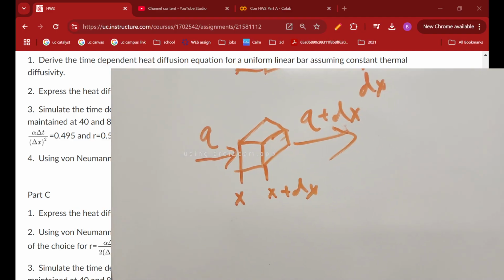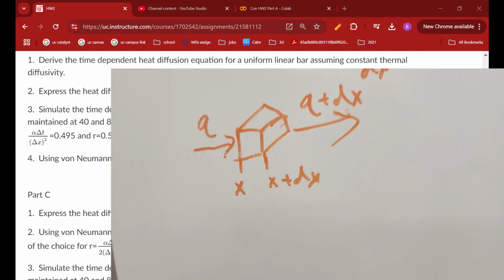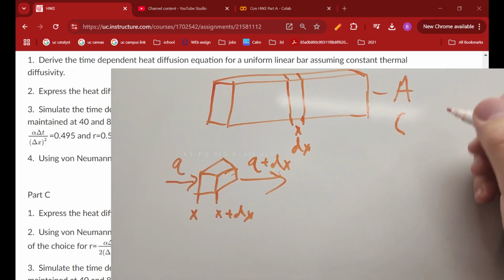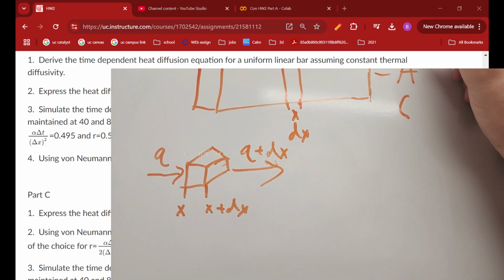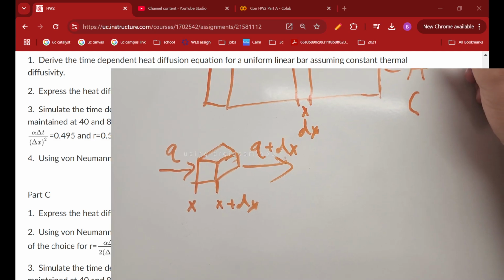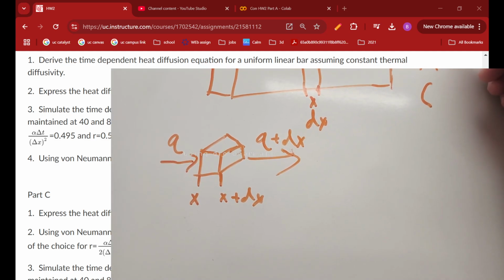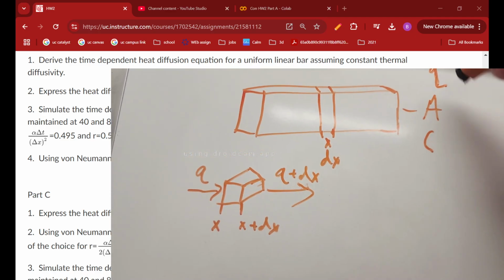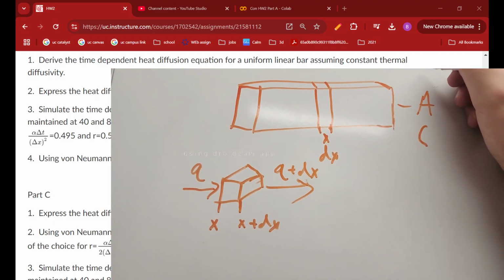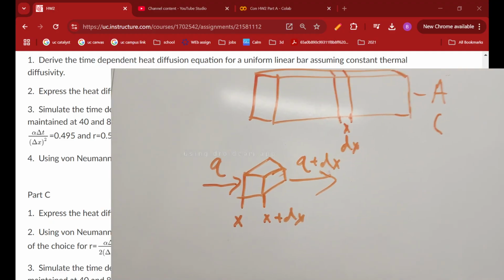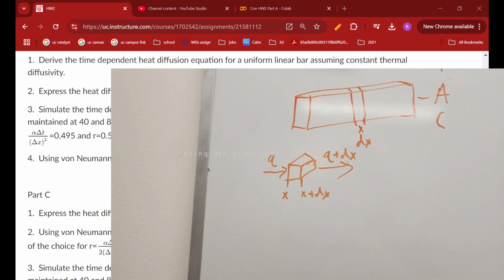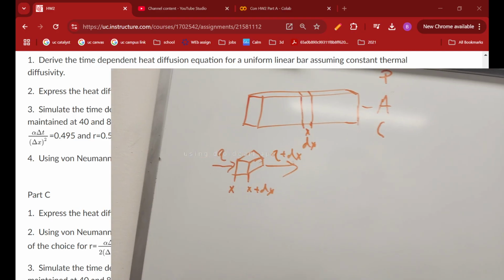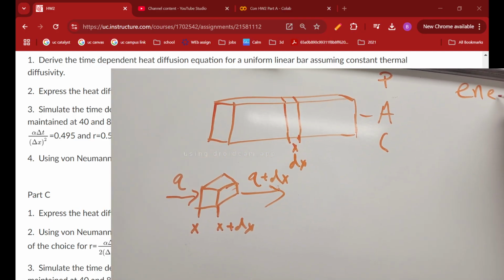The other thing that I believe I'm missing is that for our bar as a whole, we will also have a density, which is not Q, it's rho. And then we will get into the energy balance.